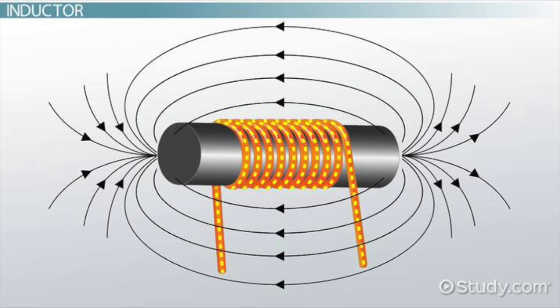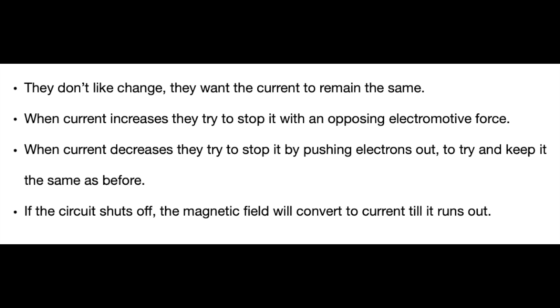As we take a look at an example of an RL circuit, keep in mind some things that may help you understand how inductors work. First, try to remember that they don't like change. Once they've built up a magnetic field, they want to remain the same, even when current may increase or decrease. When current increases, they try to stop it with an opposing force.